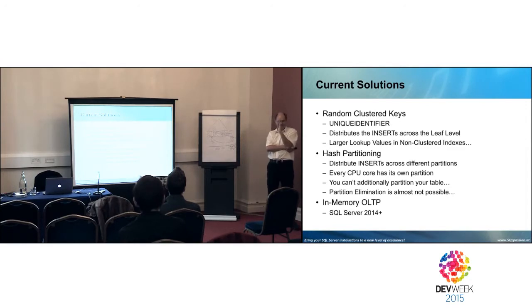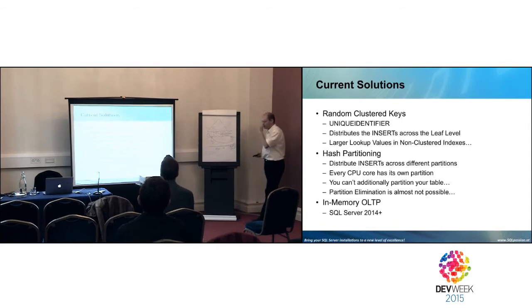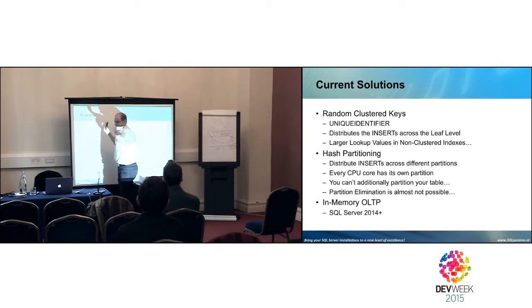You can use the unique identifier value to improve the throughput of your application. Previously, we said the unique identifier value is a crazy idea because it degrades the throughput. Now we are saying the opposite. There are also other ways like hash partitioning when you're using the Enterprise Edition of SQL Server. Even In-Memory OLTP, which was introduced with SQL Server 2014, can help you with that problem. But now I just want to show you the approach with the unique identifier value, because then you think the world is just crazy.